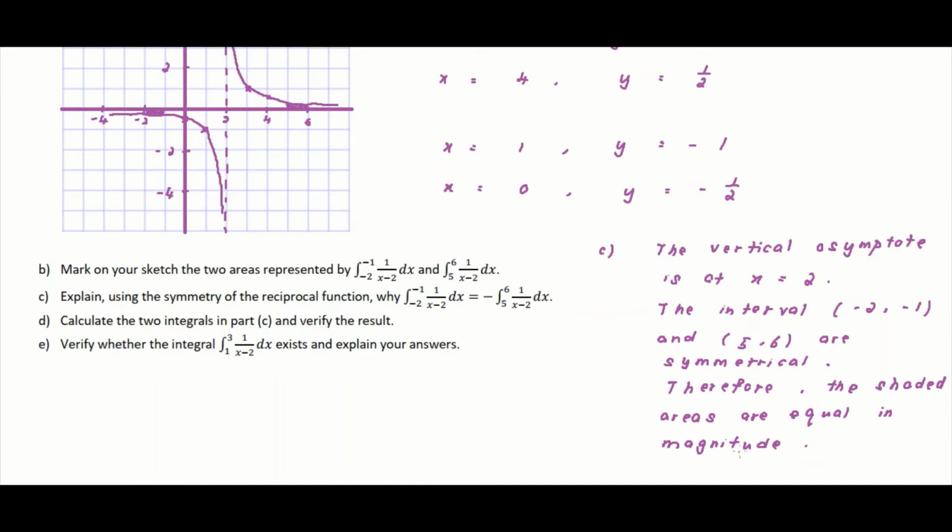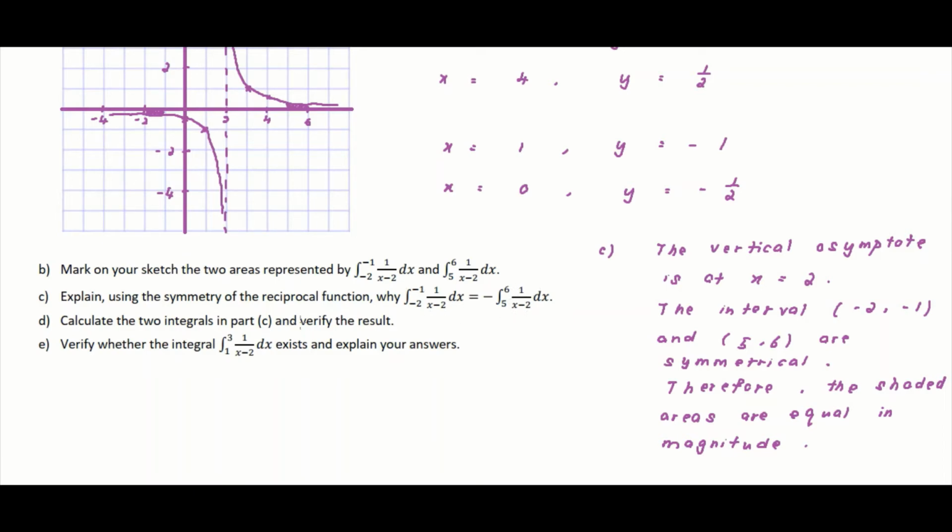Okay, so if you want to explain further, then you can also explain the part that is below the x-axis. The difference is that, to explain further, you can always say that the area for the interval -2 to -1 is actually negative. So that's why this is equal to this.